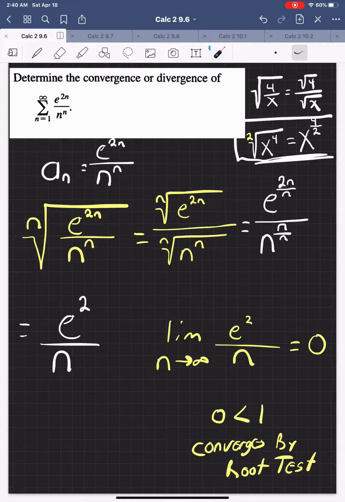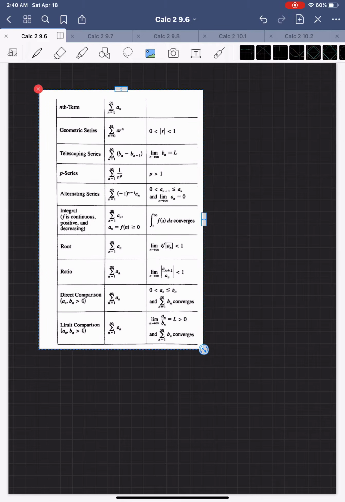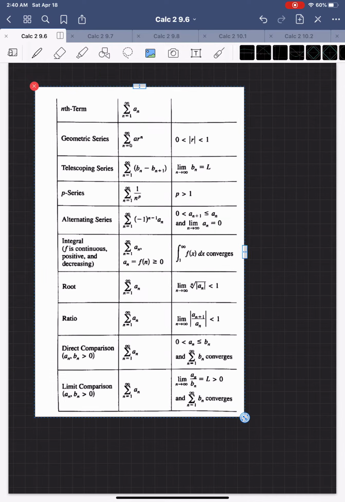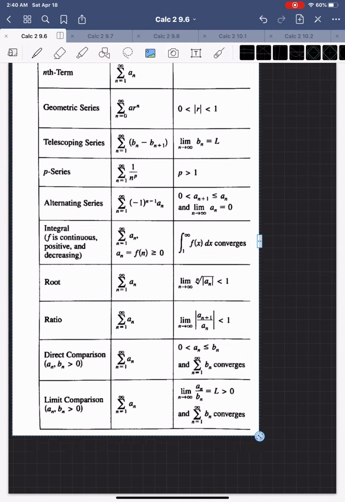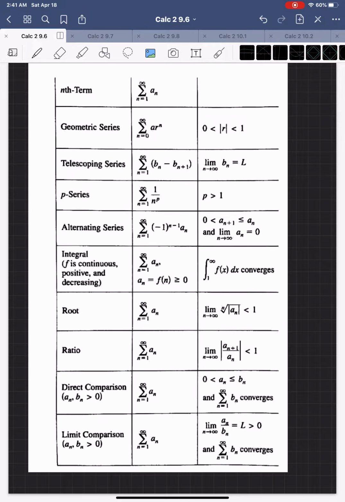Very similar in its approach to the ratio test. Let me now move to the last part, which you can screenshot if this is helpful, or you can always go to my website and find this handout.